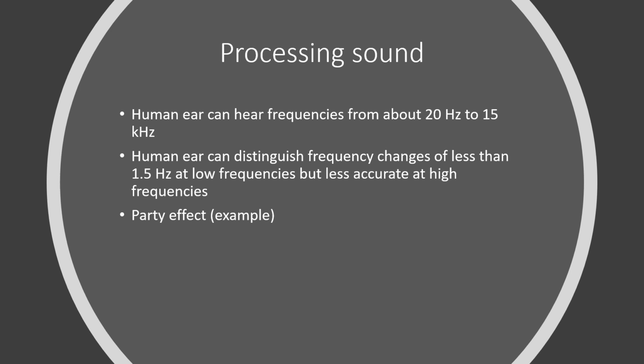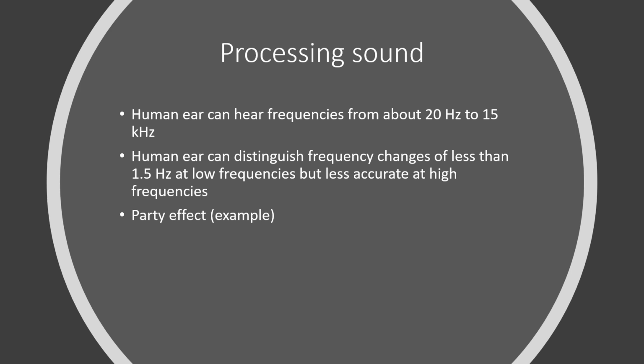Owing to the time difference between the sound reaching the two ears, because if sound is coming from one direction, it will reach one ear first, and then reach the second ear after some time difference. And the reduction in intensity is caused by the sound waves which reflect from the head.